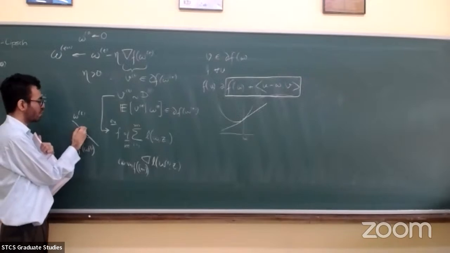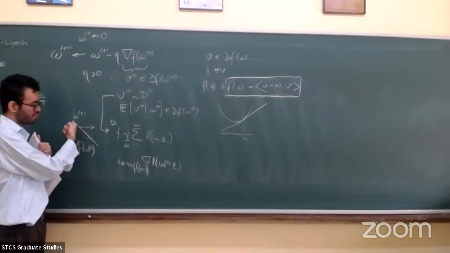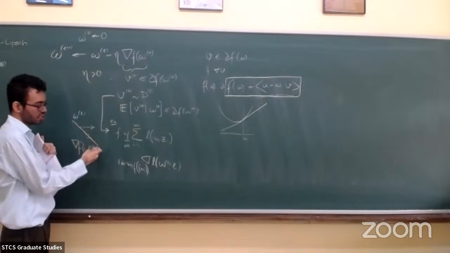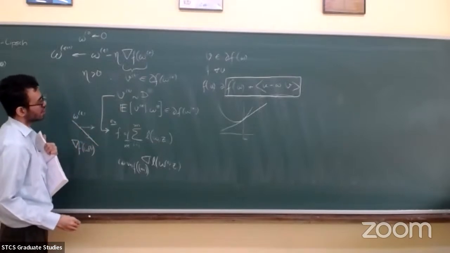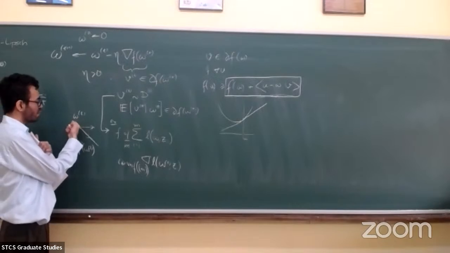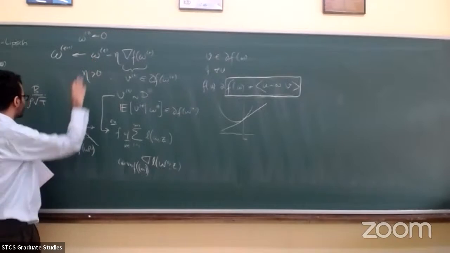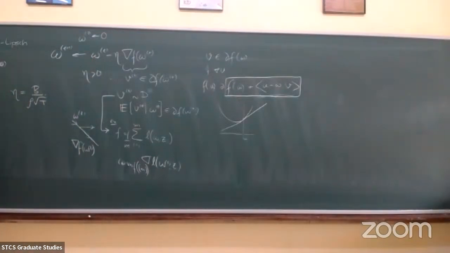Maybe here my gradient actually points this way, but I'm just moving blindly. So moving too far is not good. But you also don't want to move too little, because then you will take a lot of steps. So there's some trade-off here, and there's some optimum eta which balances out these two factors.